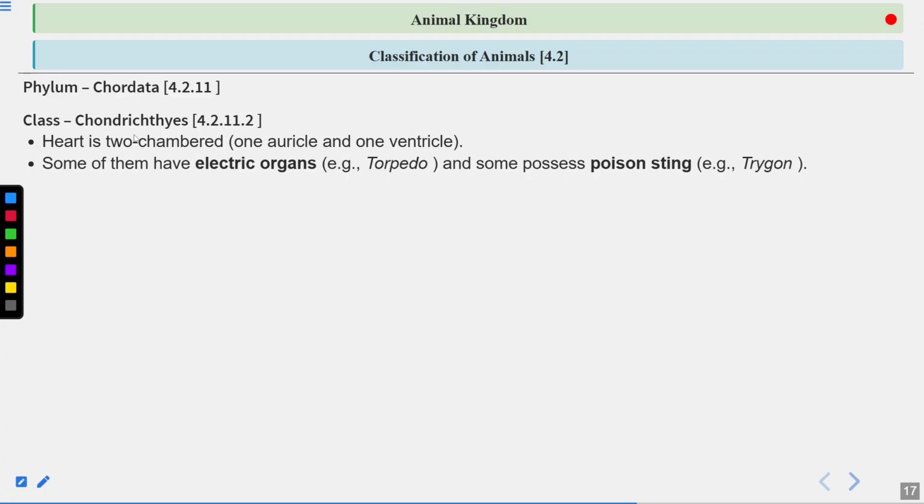For example, torpedo. And some possess a poison sting, for example, trygon. Torpedo has an electric organ and trygon has the poison sting, just for their protection.